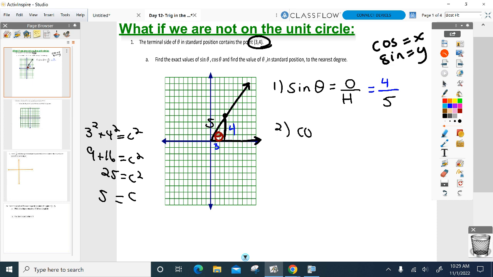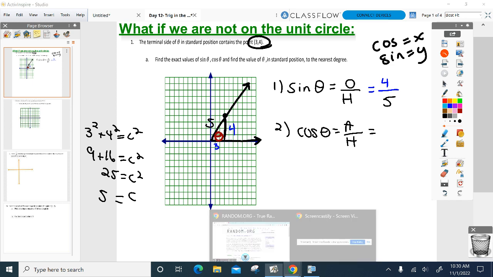All right, it also asks what's the cosine of theta? Other than the x coordinate, what else have we talked about cosine being equal to this unit? Adjacent over hypotenuse. All right, so look at your triangle.